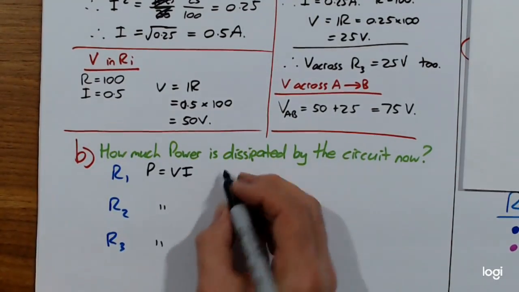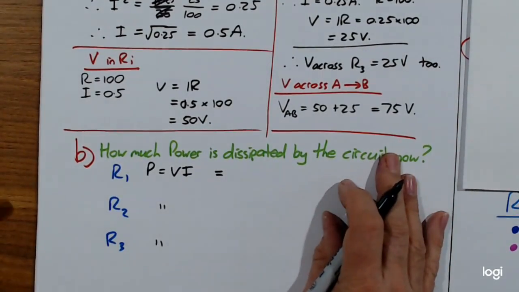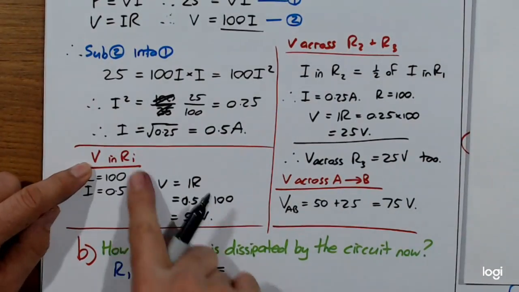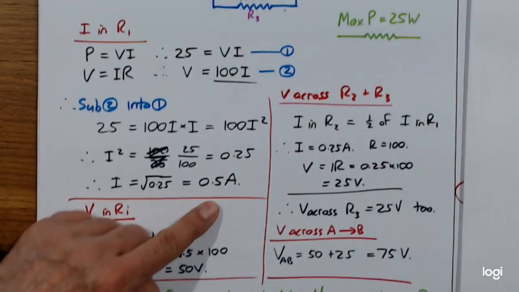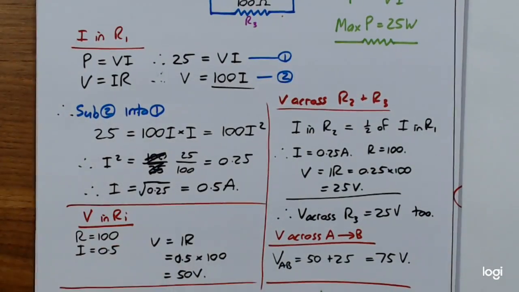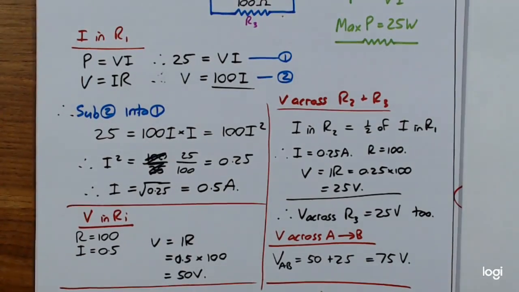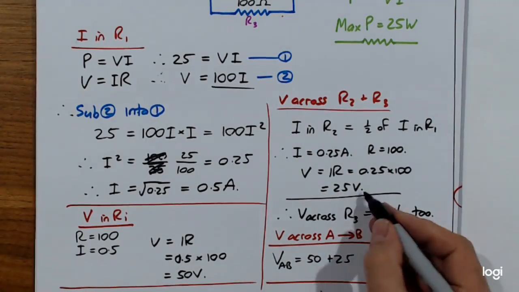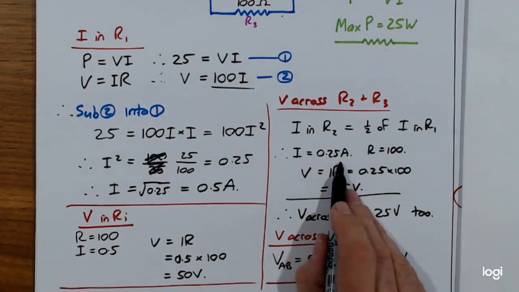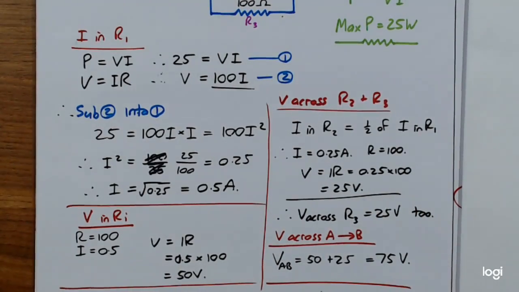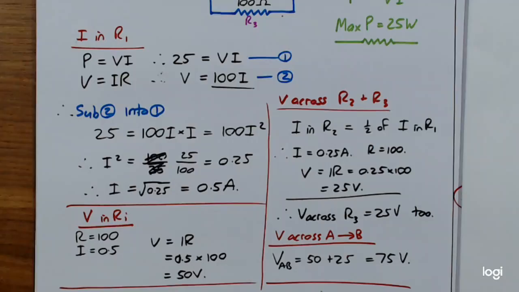For R1, voltage in R1 was 50. Current through R1 was 0.5. These headings tell you things, speeds things up. So that's 25 watts, half of 50. For each of the other two, voltage is 25, current was 0.25, and that comes to 6 1/4. Same thing.